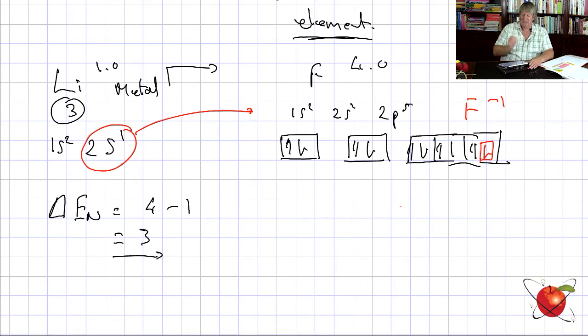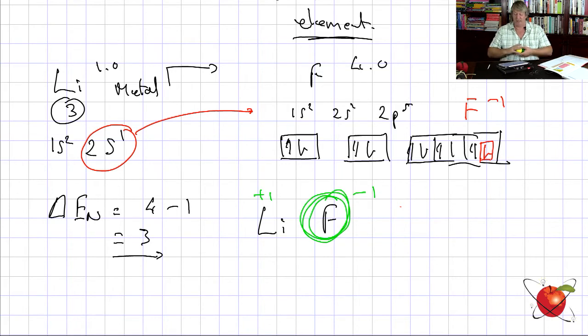That means that essentially the fluorine is so electronegative that the lithium and the fluorine join together, but the electron itself is taken over there. This is plus 1 and this is a minus 1.